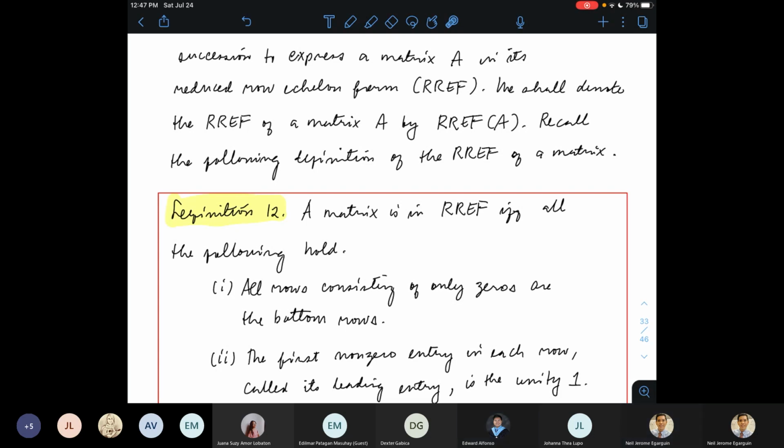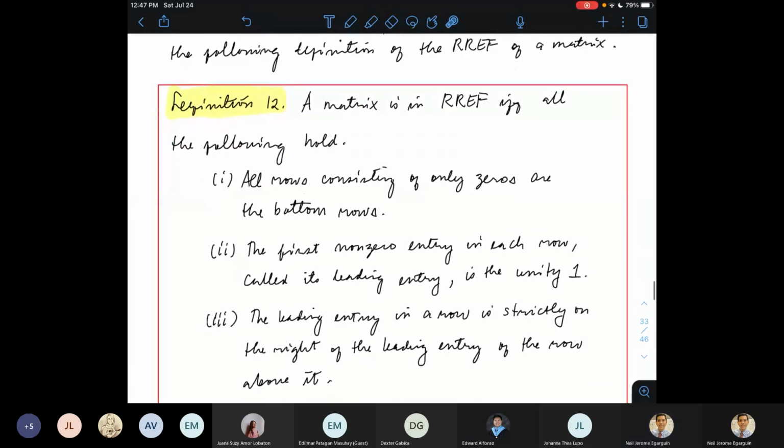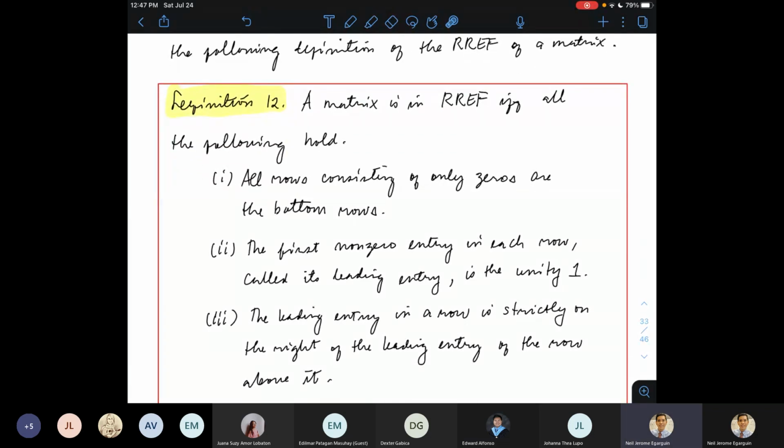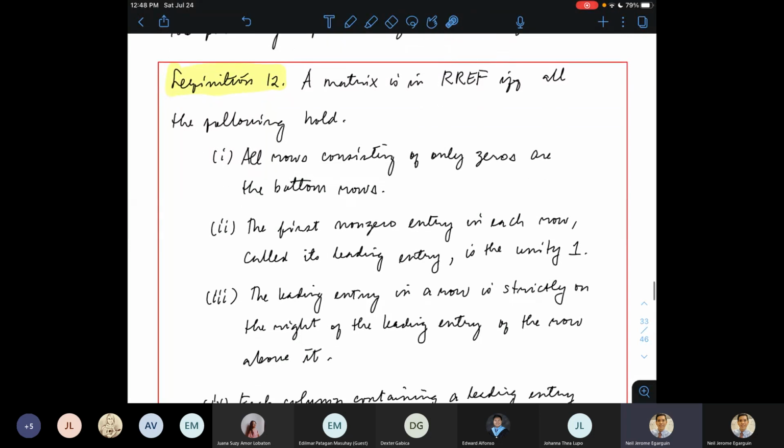All right. Thank you. So, pagkuha ng RREF. So, ano yung condition para masabi na isang matrix ay nasa reduced row echelon form na? Number one, lahat ng zero rows ay nasa pinakailalim ng matrix. So kung sa matrix nyo may nakita kayo na row of 0, ilipat nyo na kagad siya dun sa bottom. And that's fine because interchanging rows or swapping rows is an elementary row operation. Okay?